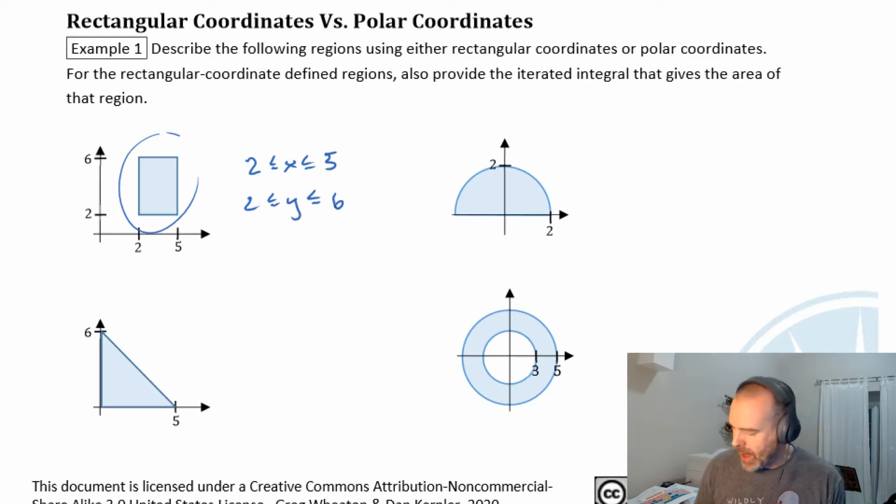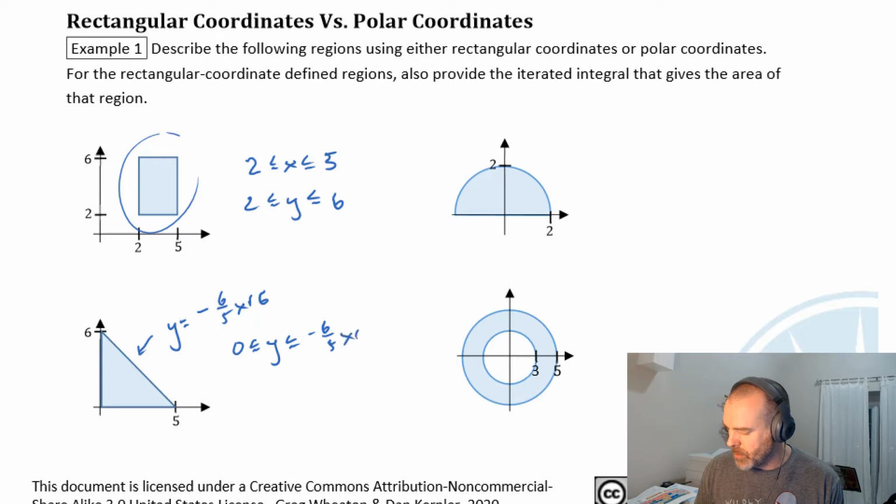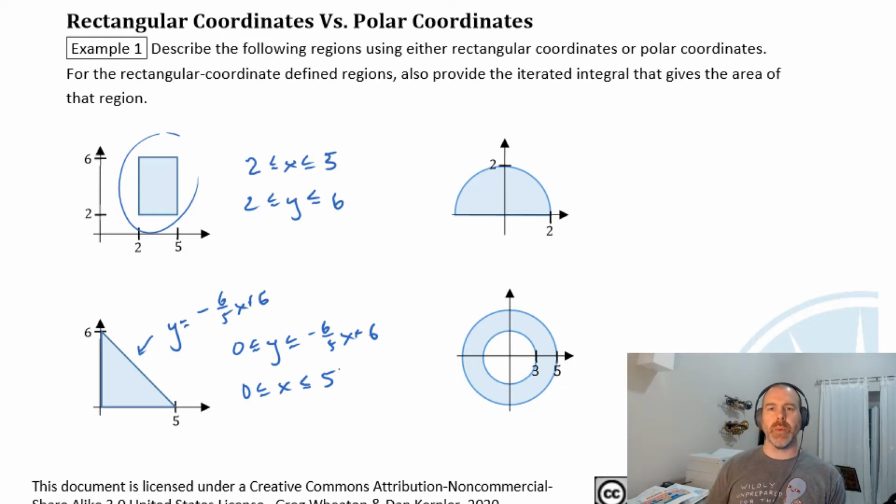On the bottom one, y is equal to negative 6/5 x plus 6, that's the equation for that line. And so y is between 0 and negative 6/5 x plus 6, and x is between 0 and 5. So relatively simple regions in the rectangular coordinate system.